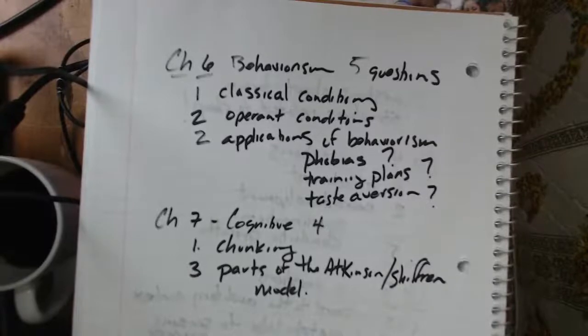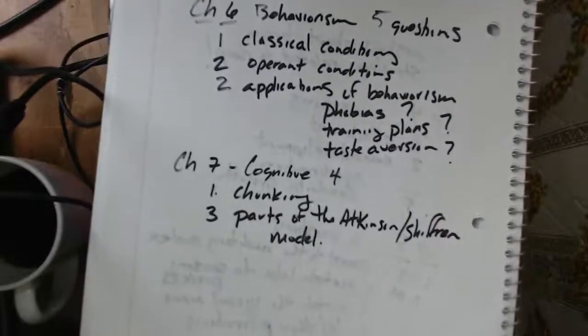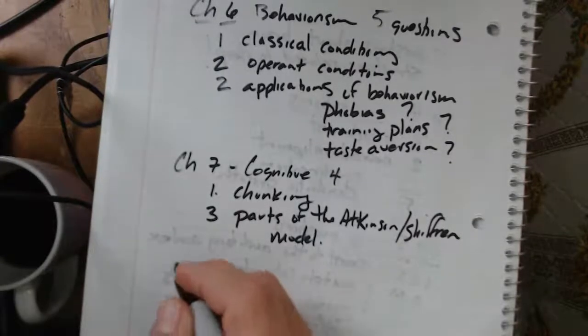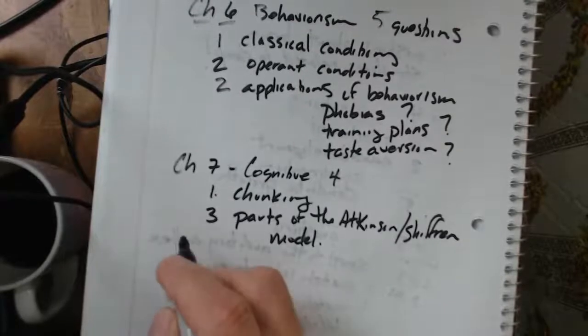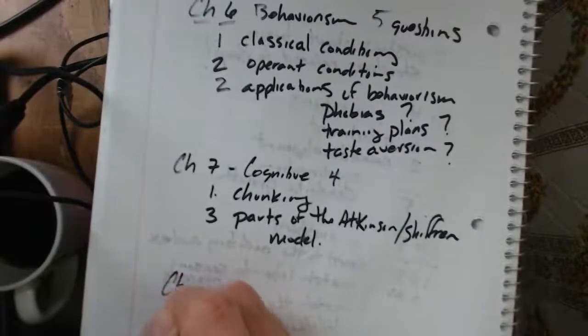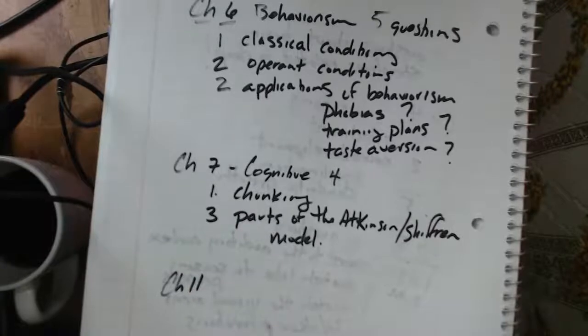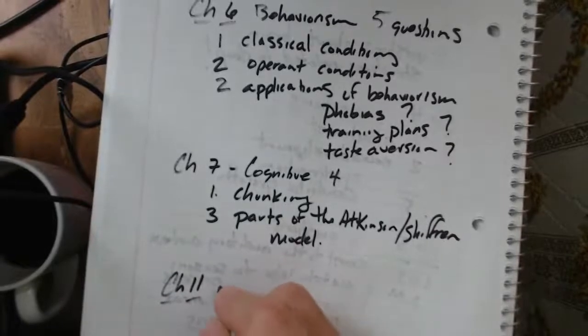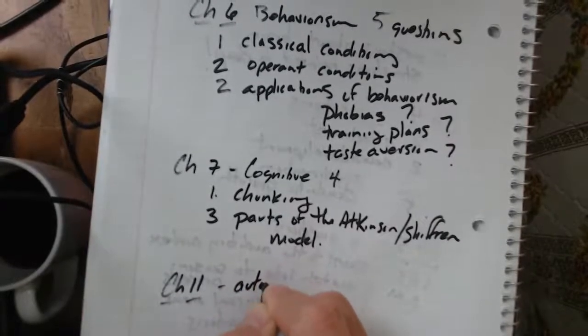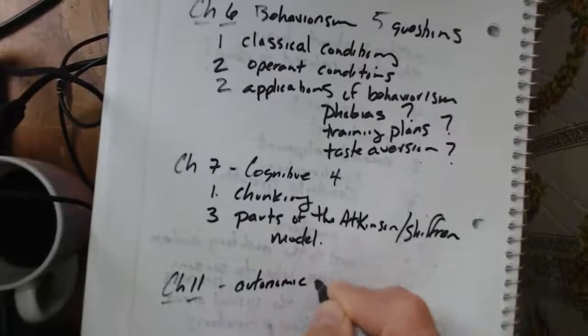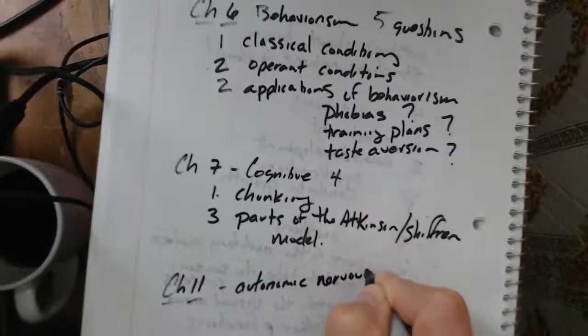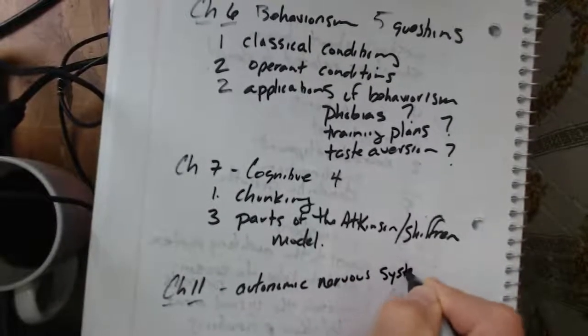Then I have one question from chapter 11. So it doesn't look like I have anything from 8, 9, or 10. But chapter 11, the autonomic nervous system. You know what?